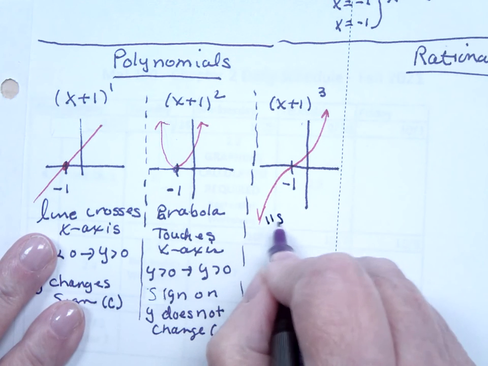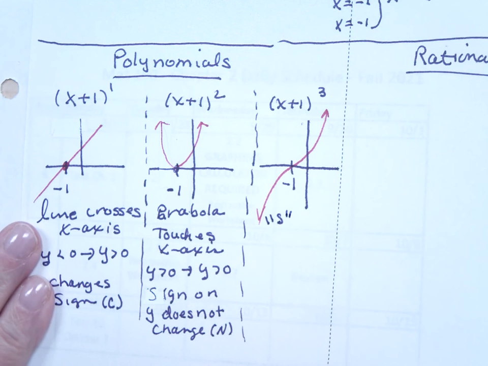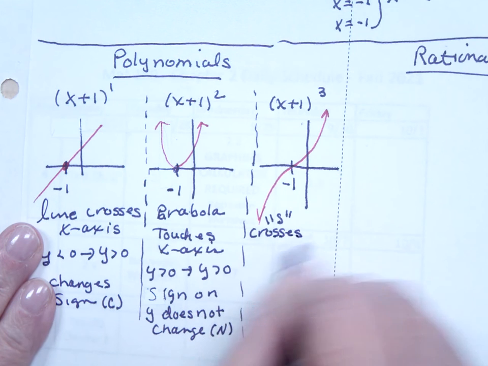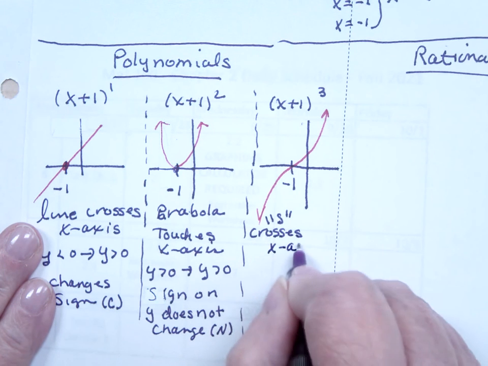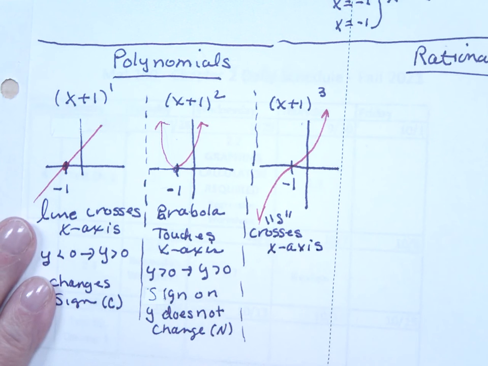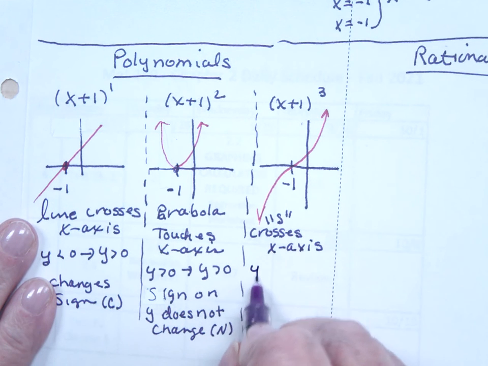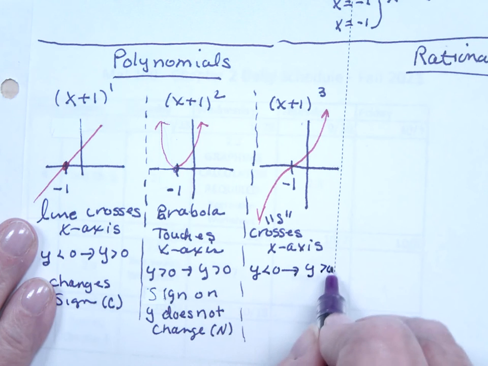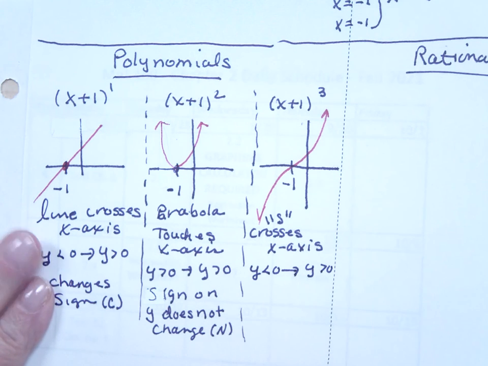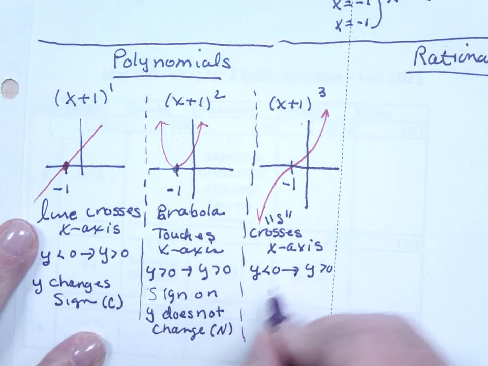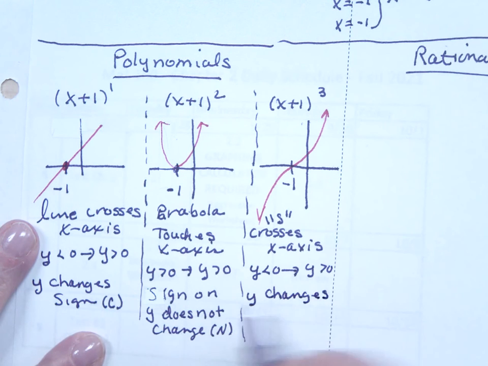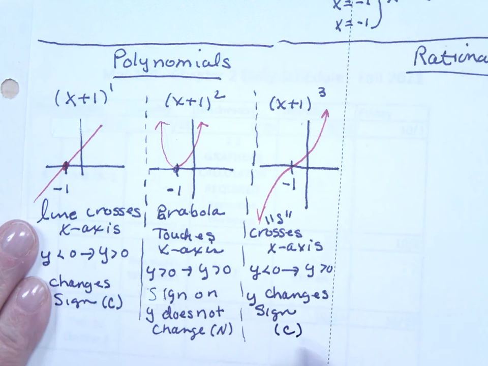So he is an S. He crosses the x-axis, which means on one side y is negative, and then it changes to y positive, because he crosses. So y changes sign, and we'll put a C there for change of sign.